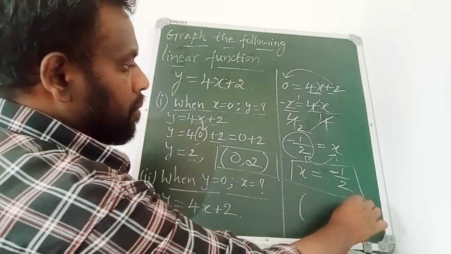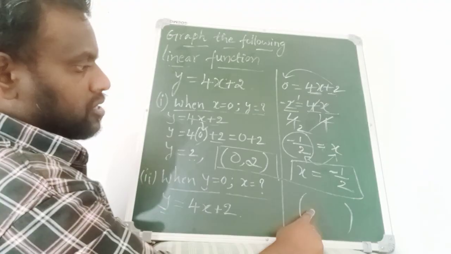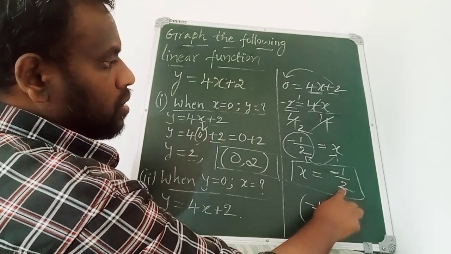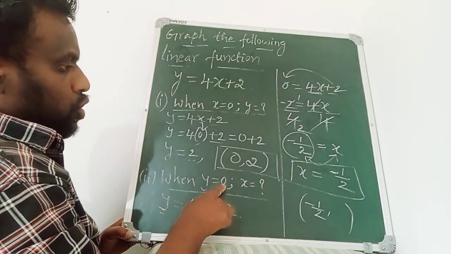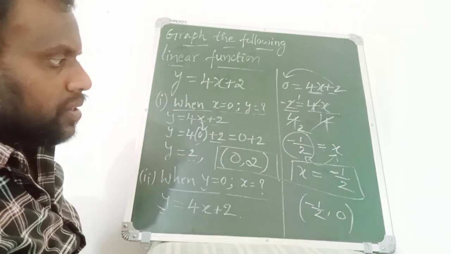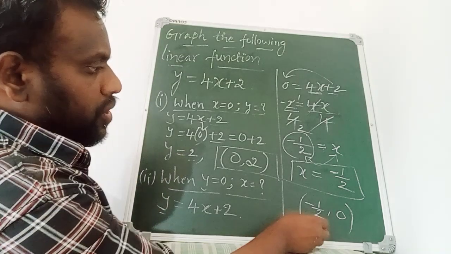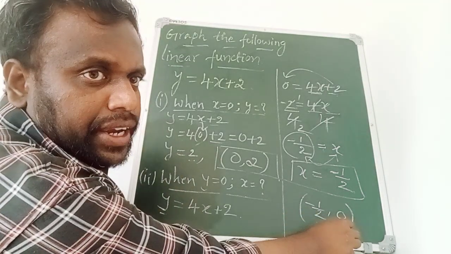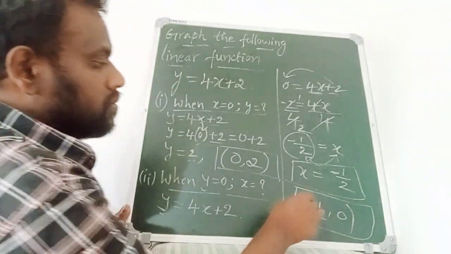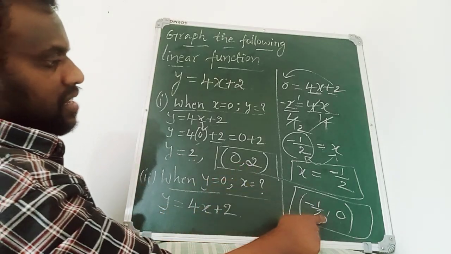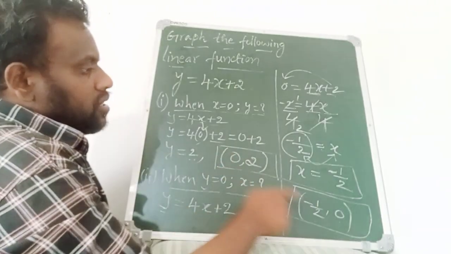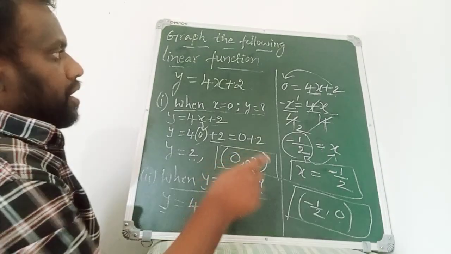First put that bracket like this. First x value here, this is the x value, so minus 1 by 2. We got this x value when y is equal to 0, right? So this y value 0 you have to write here. So this is an x intercept. So this is y intercept, this is x intercept. I said any 2 points are enough. So we got 2 points. Now we can graph using the points.